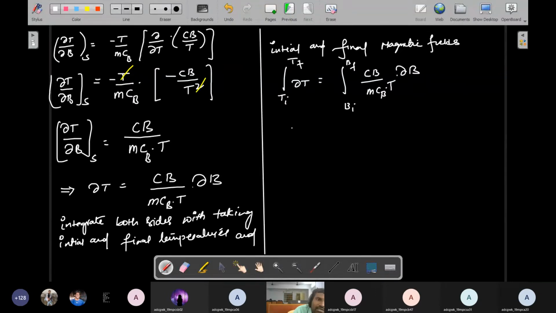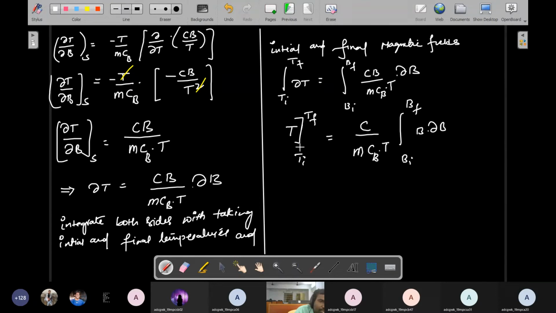So this is actually T, because the integral of ∂T is T, between Ti and Tf, equal to C divided by mass into specific heat at constant field into temperature, times the integral of B ∂B. So this is your final equation.